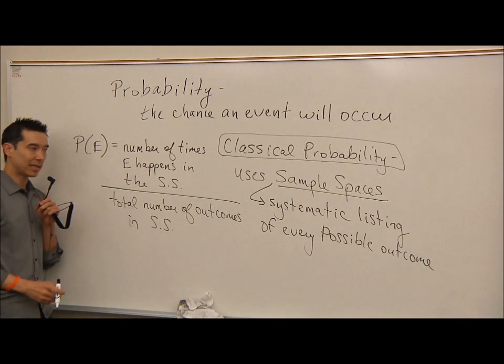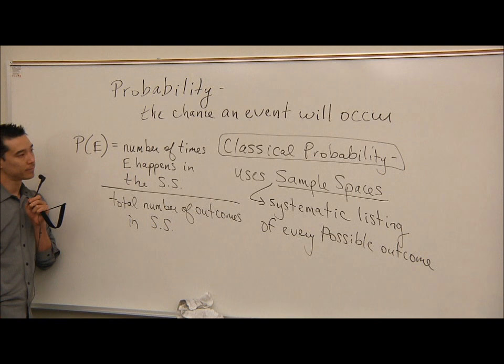Okay, I'm abbreviating SS for sample space. And that's our definition for classical probability.